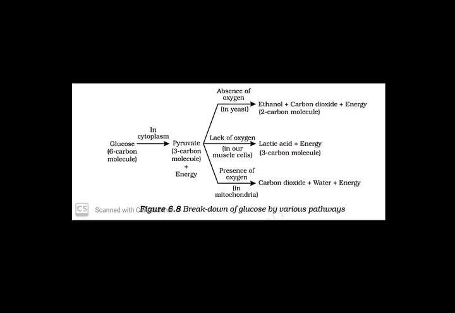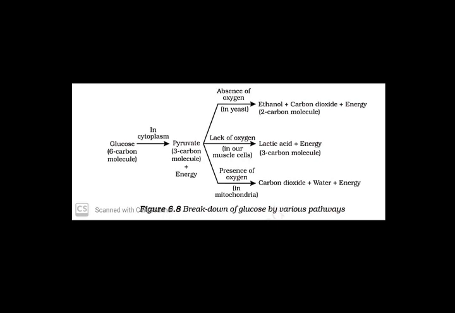In the last class we studied three different types of respiration. First type, where glucose, a 6 carbon molecule, is broken down into a 3 carbon molecule, pyruvate, and then, as per the availability of oxygen, it creates different products.